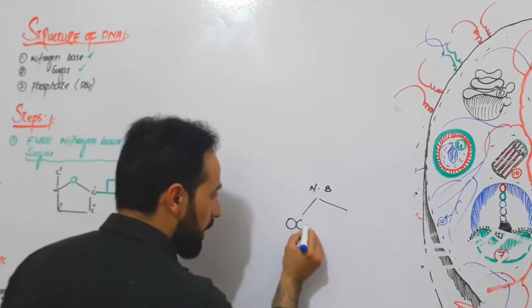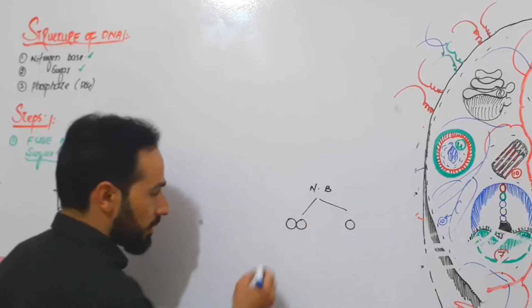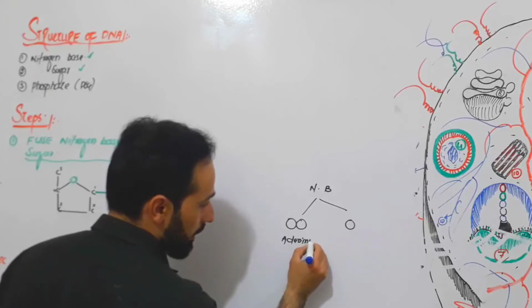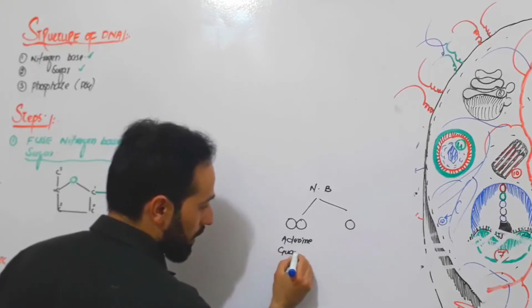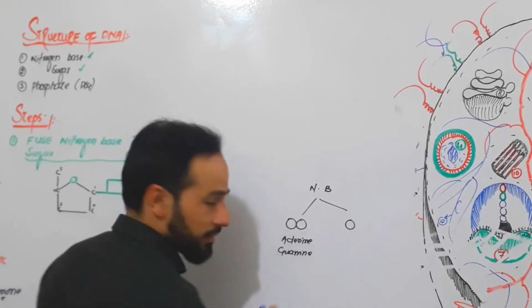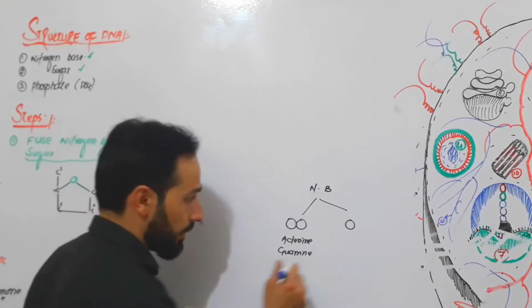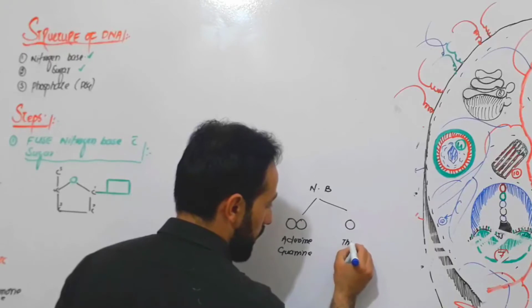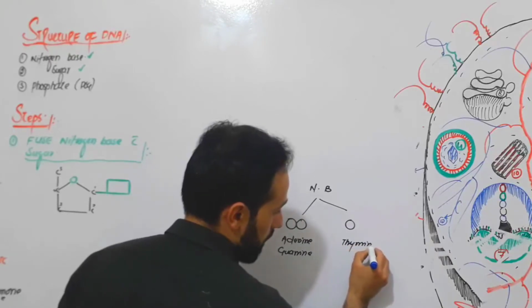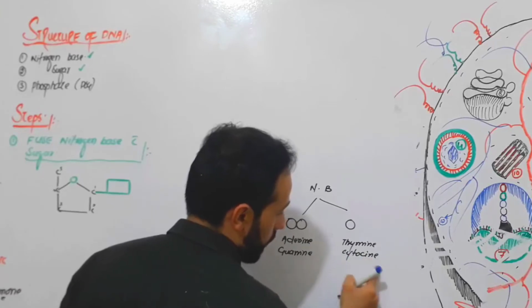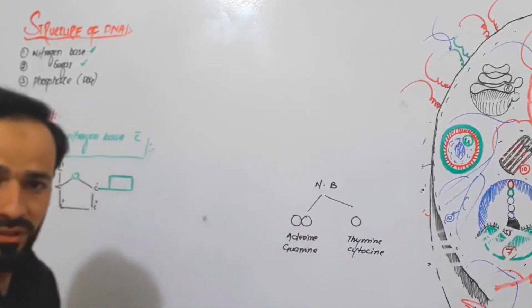The double ring and the single ring. The double ring were adenine and guanine, right? And the single ring which were present in case of DNA, not RNA, were thymine and cytosine, not also the uracil. Uracil is present in RNA.